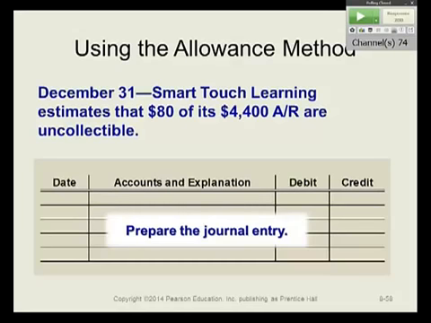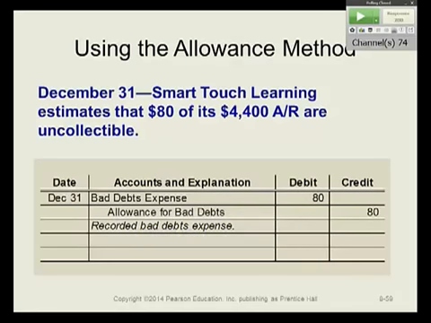They don't know which ones right now. And again, I'll show you how to get that estimate later on. So the entry here is a debit to bad debt expense and a credit to the allowance for bad debts. That contra asset account is going to be shown on the balance sheet as part of the receivables.